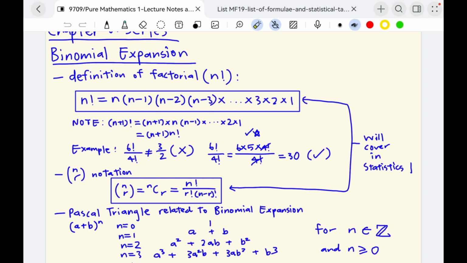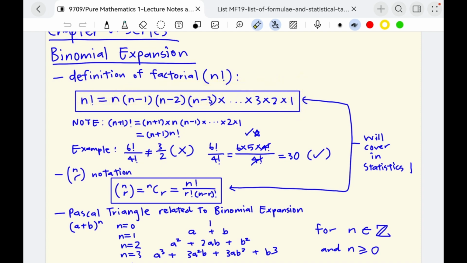So here's the definition of factorial. N factorial equals n times its original value minus 1 times minus 2 times minus 3. Keep multiplying until you get the last product of 1.